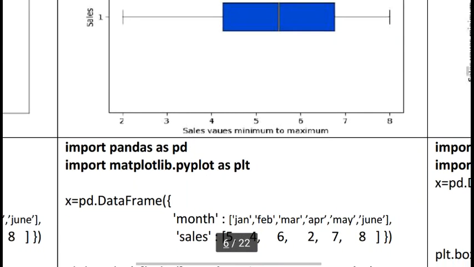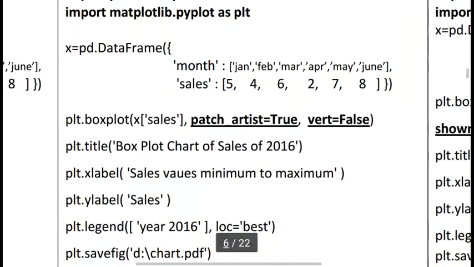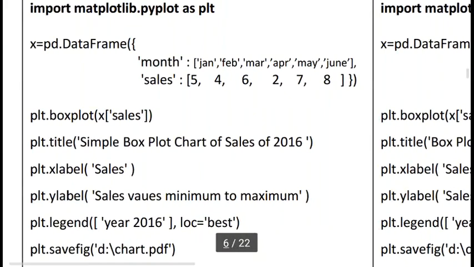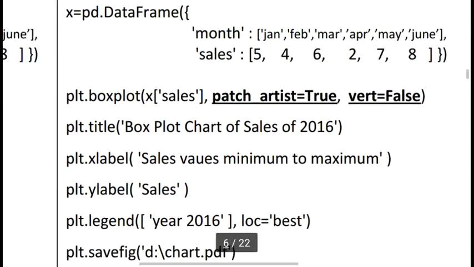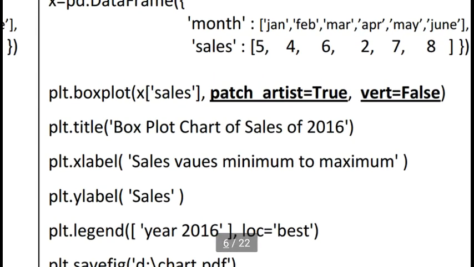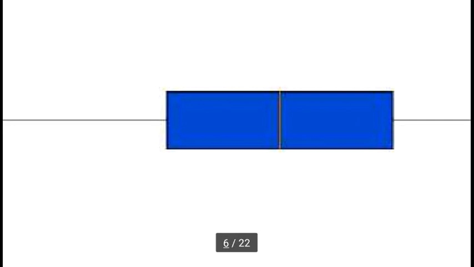To achieve this chart, import pandas as pd, import matplotlib. The same thing you already mentioned, the same code, copy and paste in the second box plot. But the new change here is patch_artist equal to True. This parameter will always fill color inside the box.